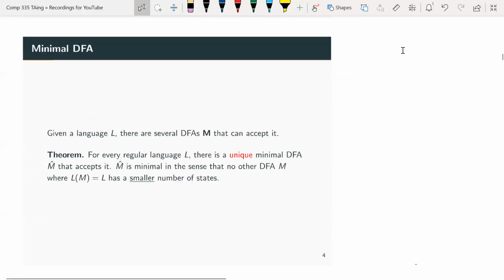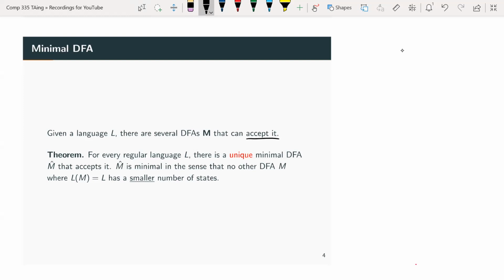We just saw before that for the empty language, or for the sigma star language, the language containing all possible strings, there are several DFAs that can accept it. And in general, given a language, there are several DFAs M that can accept that language.